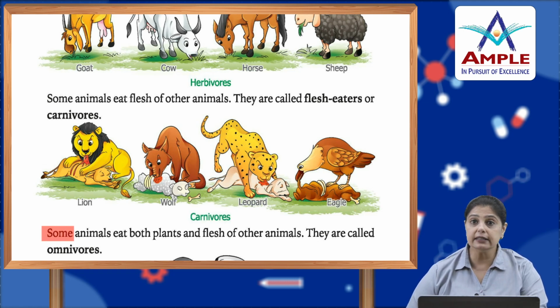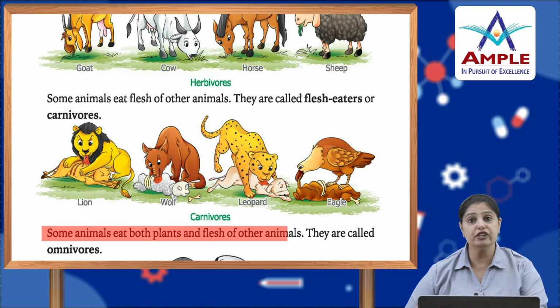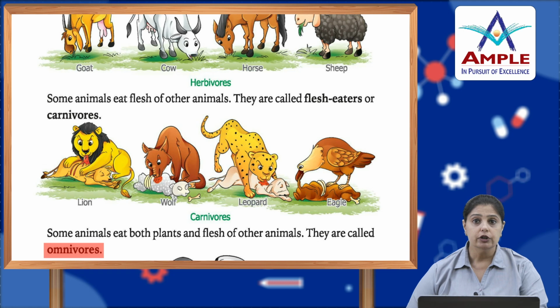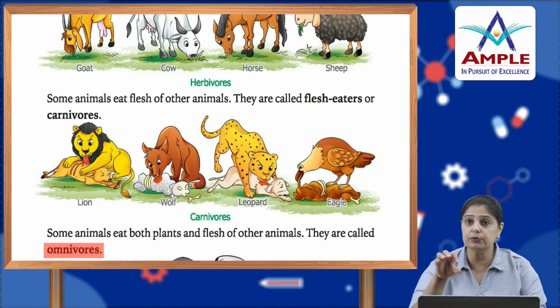Now, there are certain animals that eat both. They eat plants as well as the flesh of other animals. Now, these animals are known as omnivores. Omnivores like the crow. So, have you seen a crow? A crow can eat whatever; if you give it a vegetable to eat, it will eat.